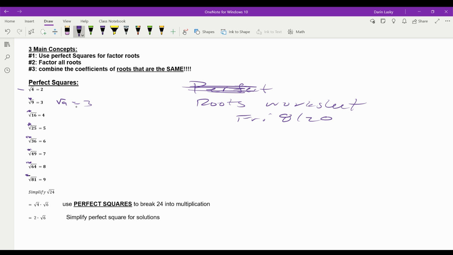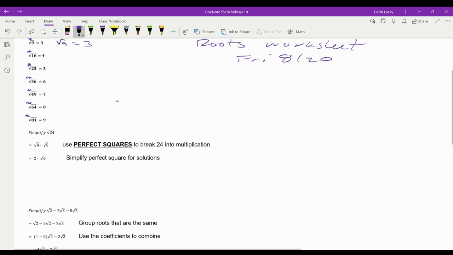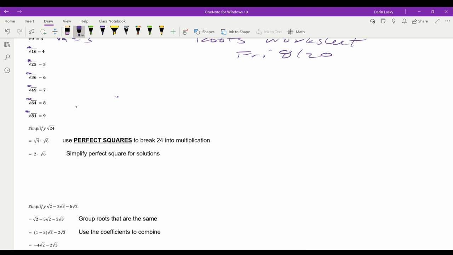So we're going to take something like the square root of 24 right here. Since 24 needs to be simplified, I'm going to say, okay, my next available perfect square below 24 is 16.